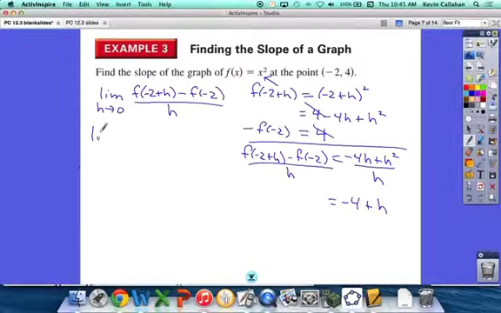So we are taking the limit as h approaches 0 of negative 4 plus h. So what method do you use now? Direct substitution. Now just try to plug it in. If it's defined, then you're good, right? So right there, negative 4. So slope is negative 4.